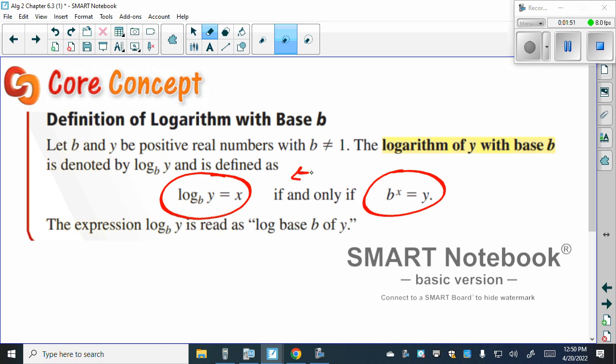It's implying both directions. And log base b of y is read as log base b of whatever we have, so y.